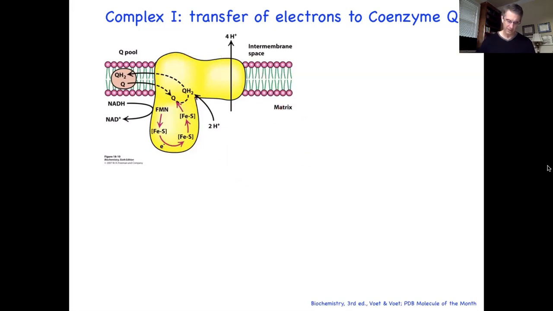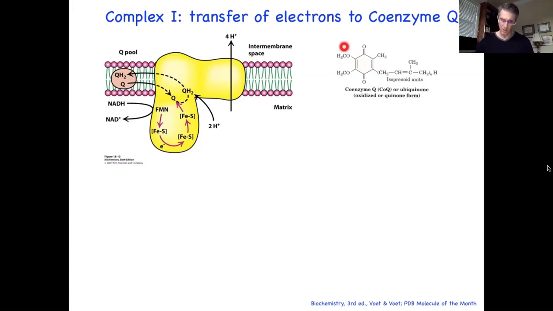So again, here's the matrix, here's the intermembrane space. Protons are going to be going this way. Electrons are being transferred to the FMN, and then this somehow moves through this electron transport chain. And then ultimately, these are going to get pumped into our receiving molecule, this coenzyme Q, that is going to do an organic molecule of electron transfer, analogous to what we just saw with FMN, right?